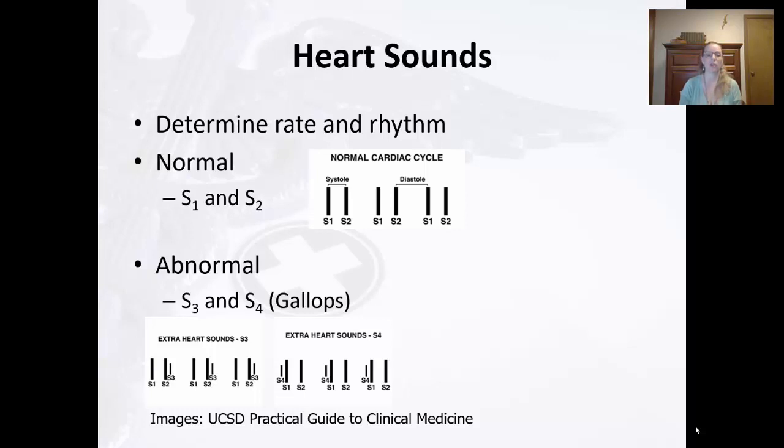If the extra sound occurs after the S2, that's called an S3 heart sound or lub-dub-dub. If the sound occurs before the S1, like la-lub-dub, la-lub-dub, that would be called an S4 heart sound.